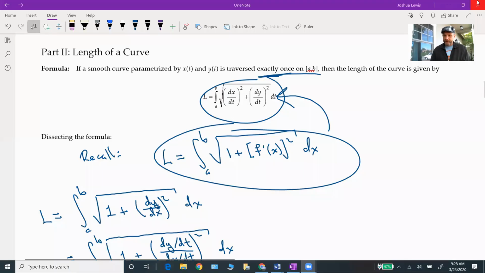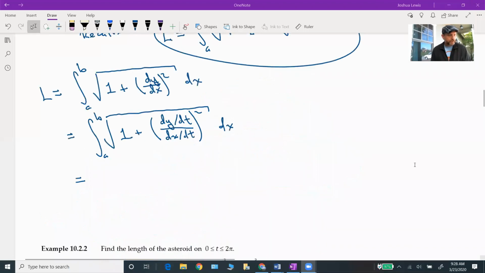All right, so let's go back and take a look. Hopefully you were able to play around with this a little bit. Let's just start by messing with the second term in the radical.